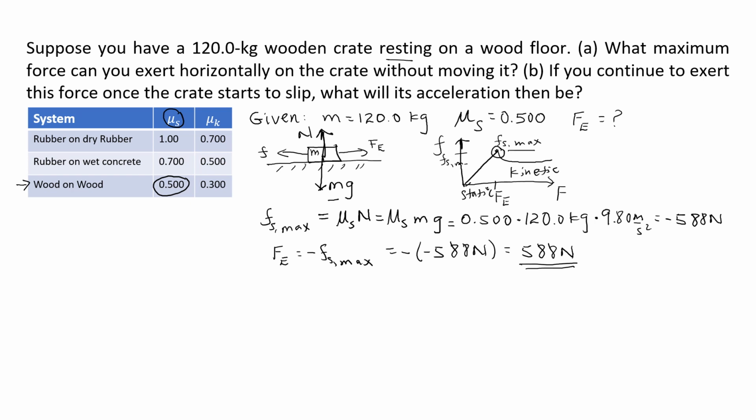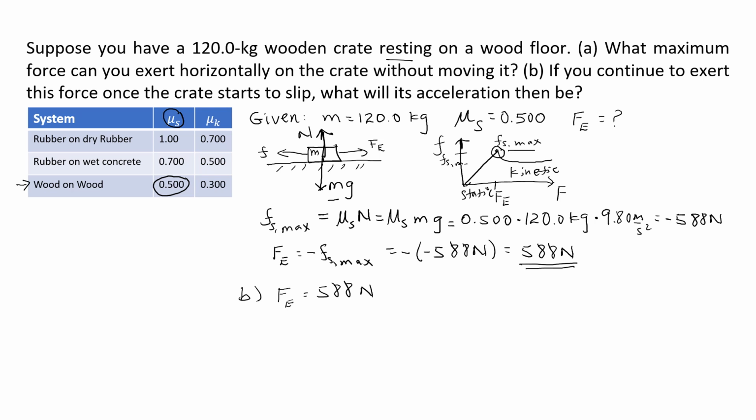Now B. If you continue to exert this force, meaning the force that you are exerting is equal to Fe, continue that force. So the exerted force is 588 newtons. The crate will be moving and the friction will be less than that maximum value, it's the kinetic region.